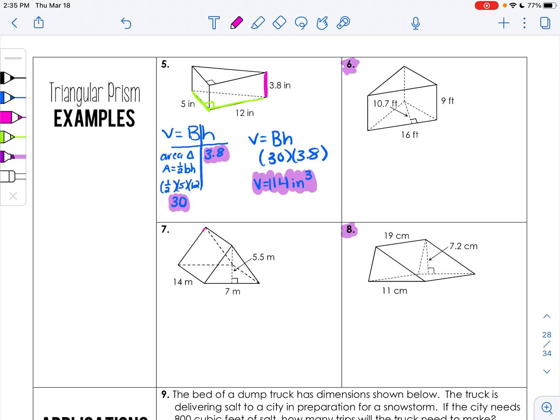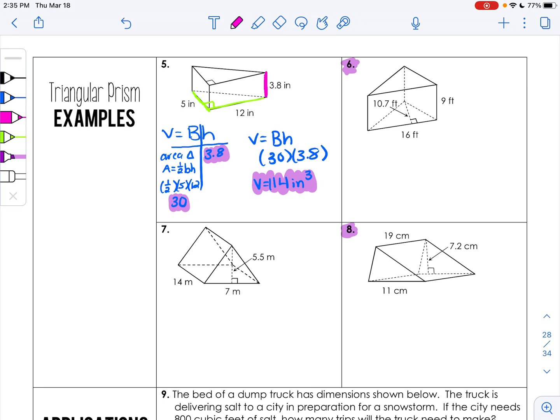Your bases are going to be the two faces that are parallel to each other. So I can see I have a triangle back here, and then moving forward, I have another triangle here. So these are our two faces that are parallel to each other. So our base is that face.